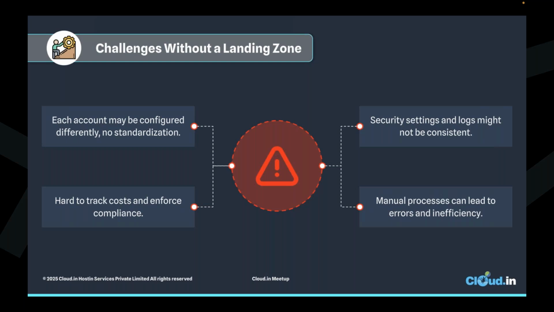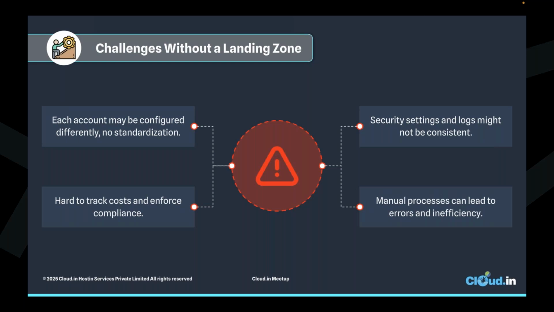The last one is that manual processes can lead to errors and inefficiency. Manually setting up and managing accounts takes a lot of time and often results in human errors.